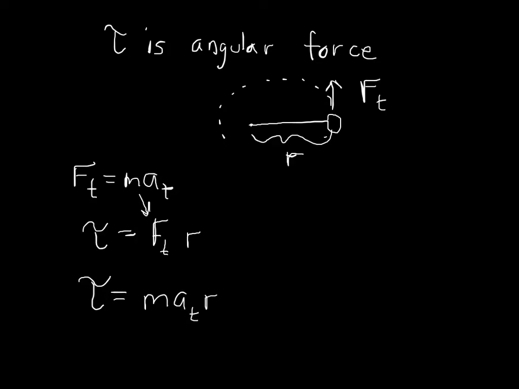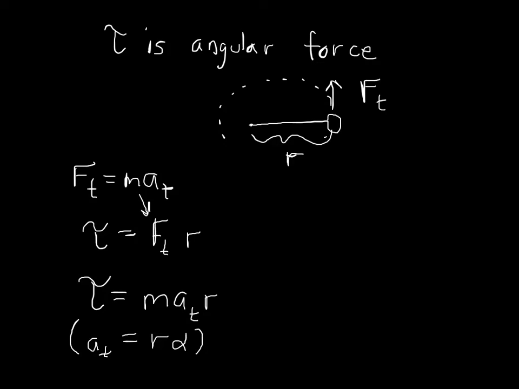If I'm trying to get this into angular terms, since torque is acting at angles, it's a circular analog to force, then I need to remember that at, the tangent acceleration, is equal to r times alpha, something we learned in chapter 7.